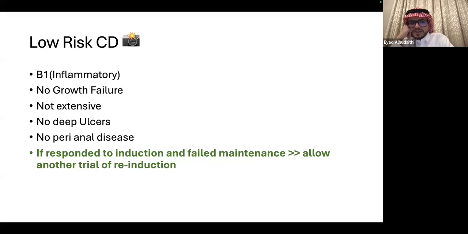If the patient has B1 and he has no growth failure, his disease is not extensive, it's not L3 or L4, there are no deep ulcers, and no perianal disease, then this is when we choose to re-induce and we label him as mild or low risk Crohn disease.